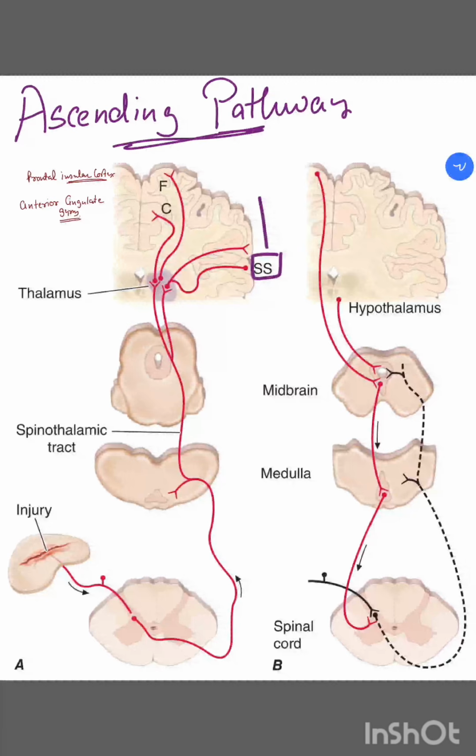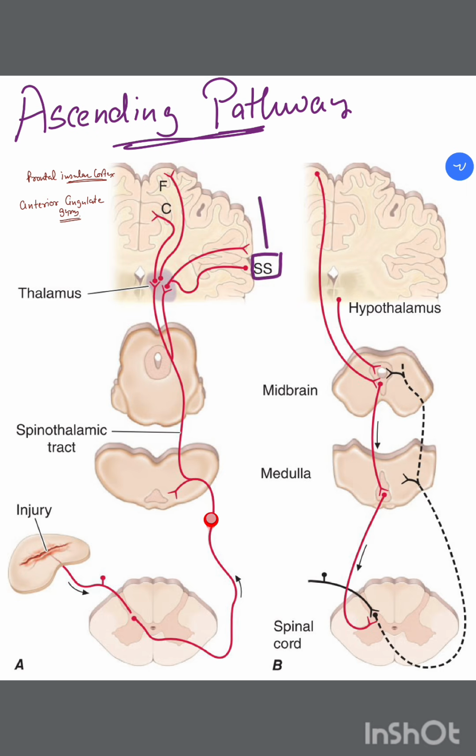Now, as we again see this image A, there is injury, the pain sensation is being transmitted, the first neuron ends here, the second neuron starts, crosses the midline, and now travels upwards to the thalamus, because this tract is known as spinothalamic tract, starting from the spinal cord to the thalamus. Okay, but this spinothalamic tract runs laterally.